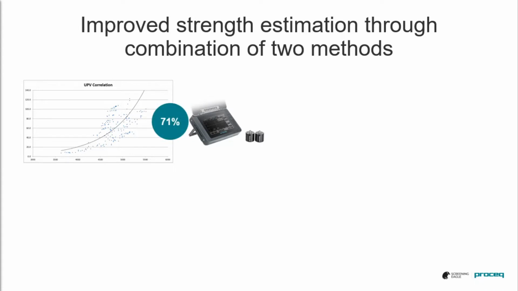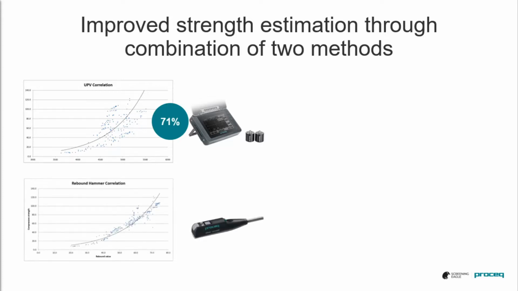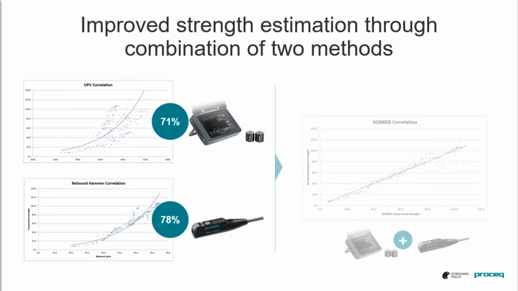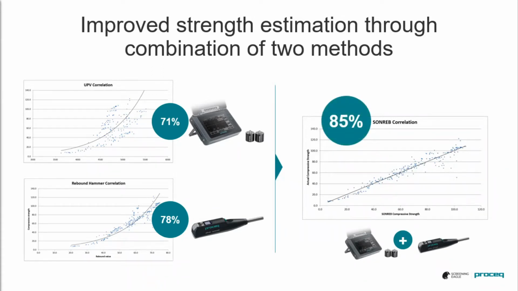You can see the correlation factor is 0.71. Testing on exactly the same blocks with a rebound hammer, we get these results, and you can see we have a correlation factor 0.78. And if we combine the two in a SONREB test, we have this correlation factor here of 0.85, so much better correlation.